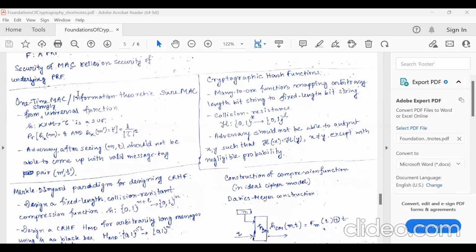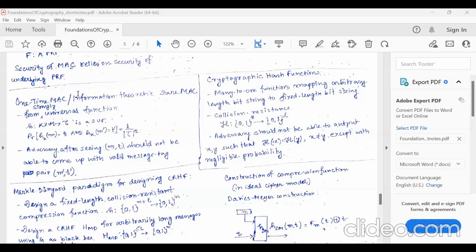But in the case of one-time MAC, the adversary is allowed to see only one MAC evaluation of its choice. So it sees just M1, T1 for only one message M1, and after that its job is to come up with some other message-tag pair M2, T2, such that T2 is indeed a valid tag for the message M2. This construction uses a strongly universal function.